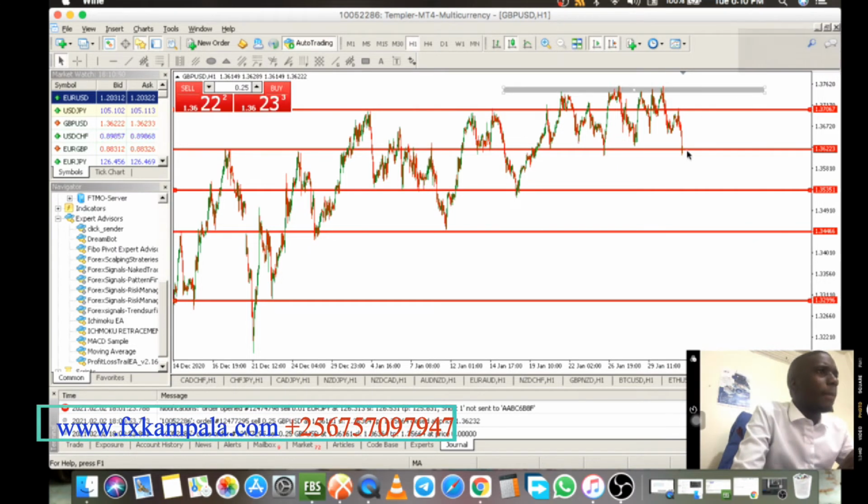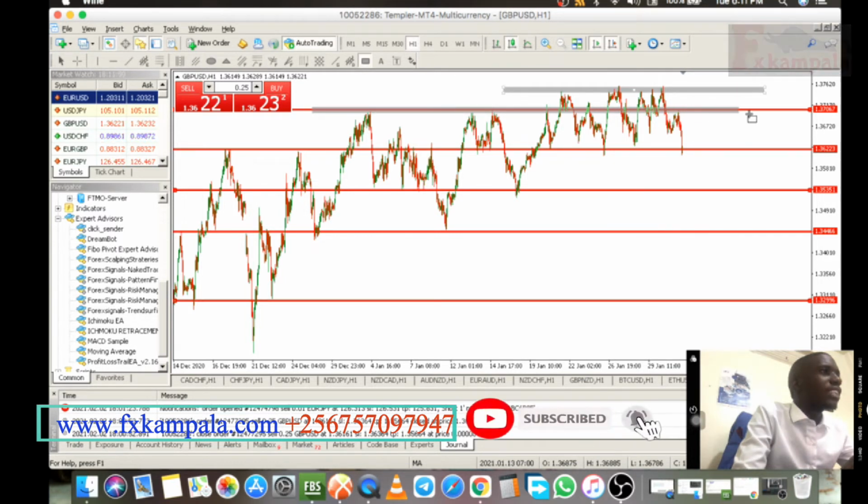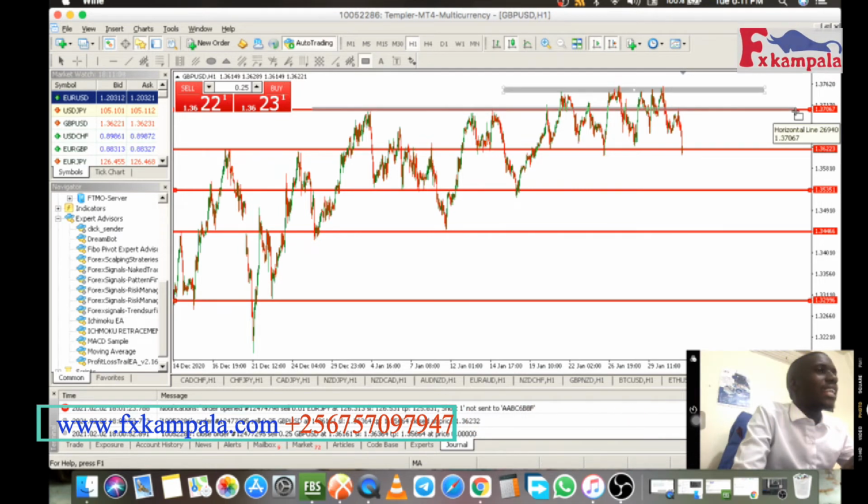Again, let's come up with another line. Remember, we said we're going to be replacing all these resistance lines with our rectangular shape, which works to bring out a clear description of a zone-like feature.